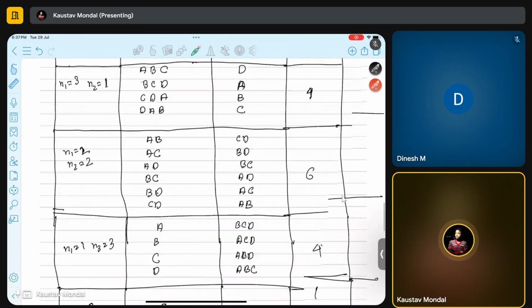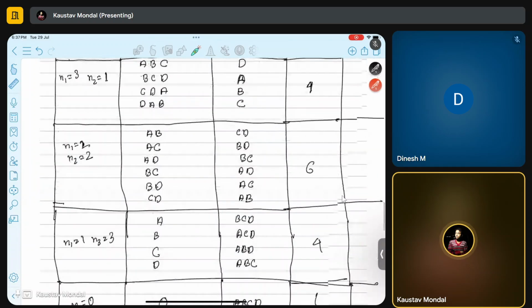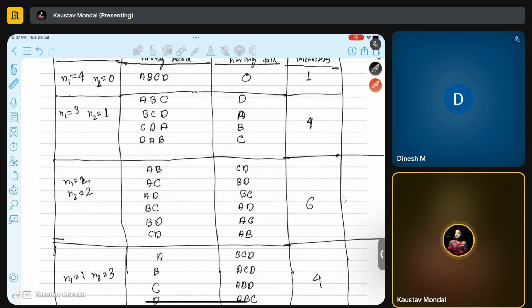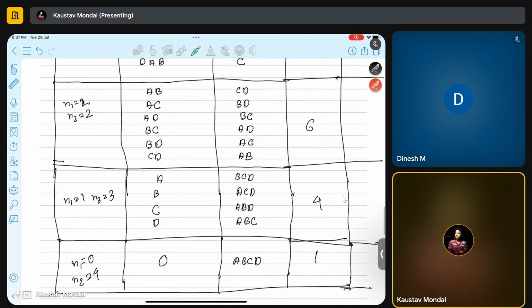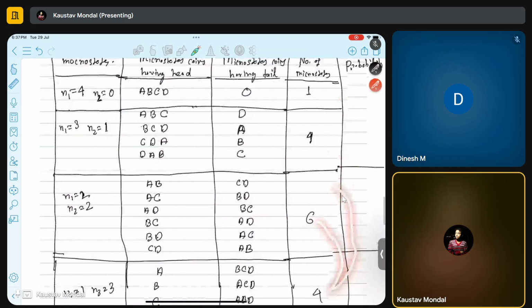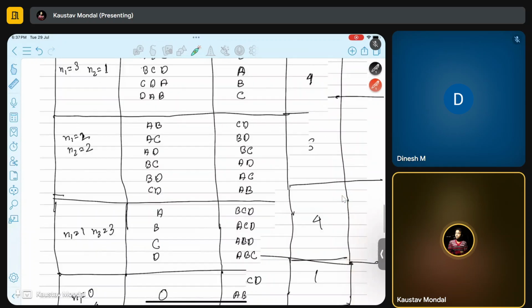So if you calculate the probabilities, the total number of microstates is how much? 1 plus 4, 5. 6 plus 4, 10. 10 plus 4, 14. 1, 15 and 16.